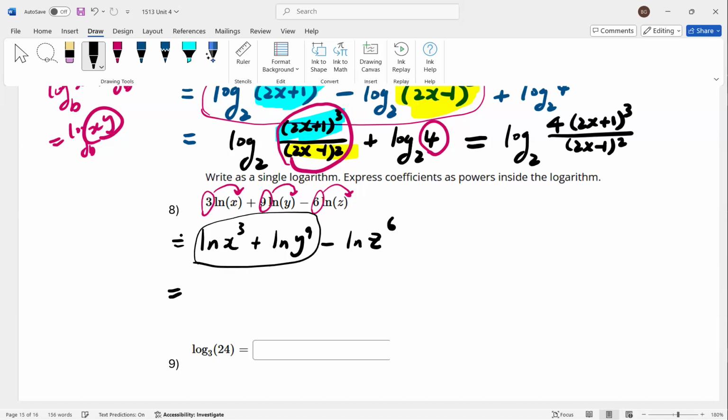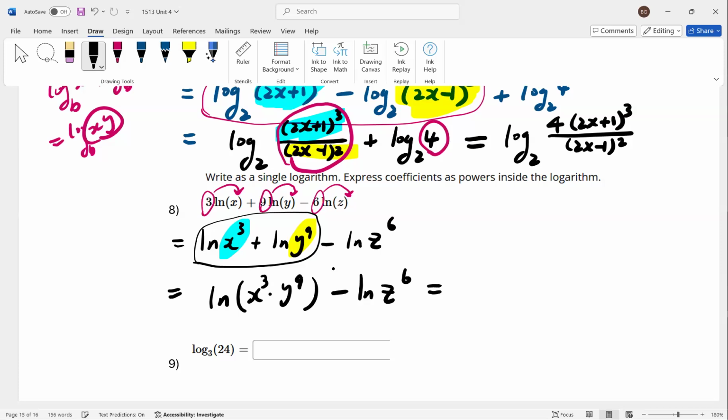The product rule can write this addition as one single log with an argument that is the product of the original two arguments. So the blue argument times the yellow argument gives the new argument of the log, and minus ln z to the 6.